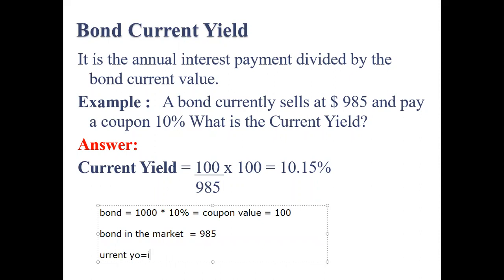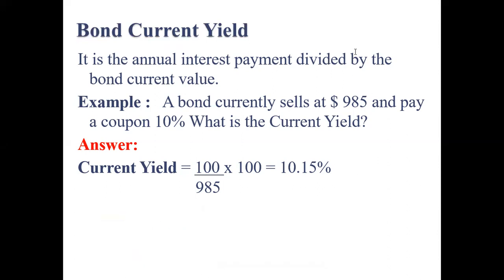It means I find 100 divided by 985 times 100%. I'm comparing the amount I'm receiving with the value of the bond that I will sell. This gives me the percentage, and this percentage is 10.15. I think this is good, as it is better than the 10%. So this is the meaning of bond current yield.